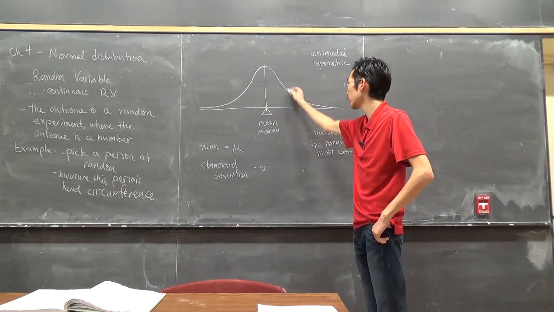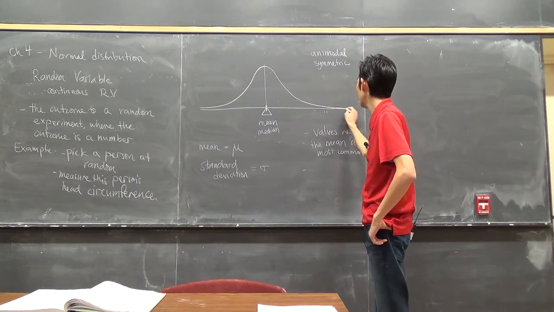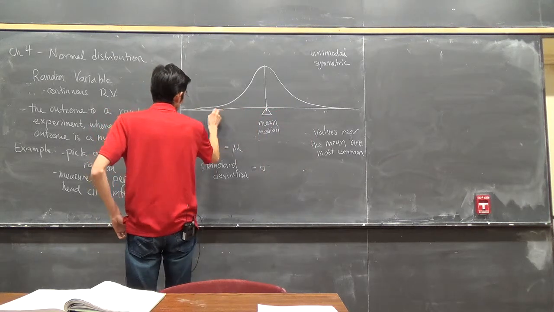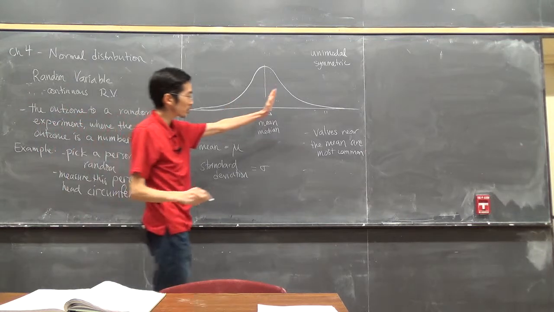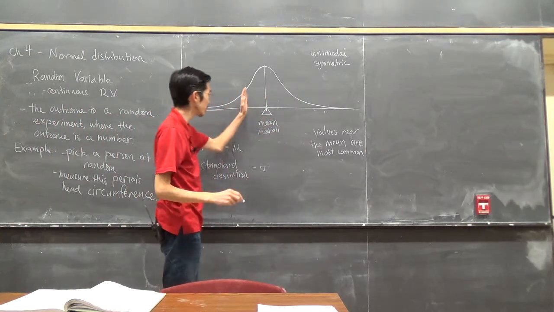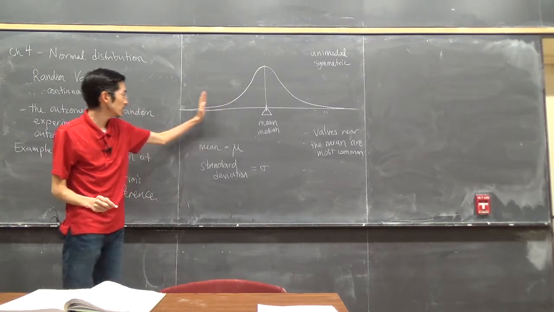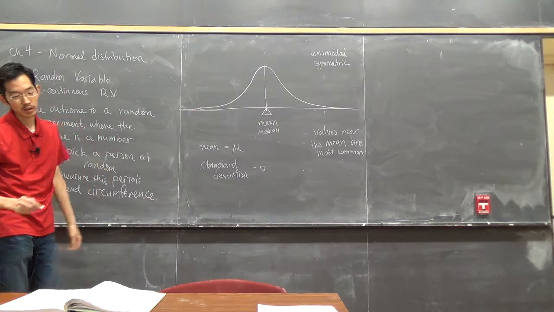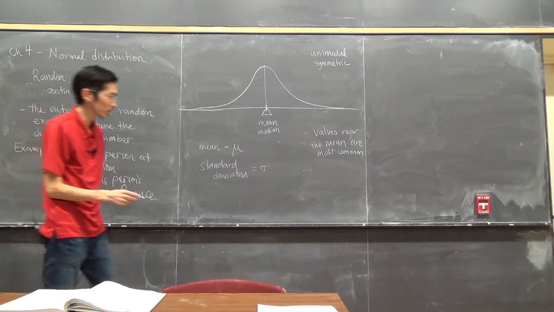You can see the probability drop off, and this applies equally in both directions. If we go larger than the mean, those values become less common. If we go smaller than the mean, those values also become less common until we are significantly below or significantly above, and we have very few values out at the extremes, okay?